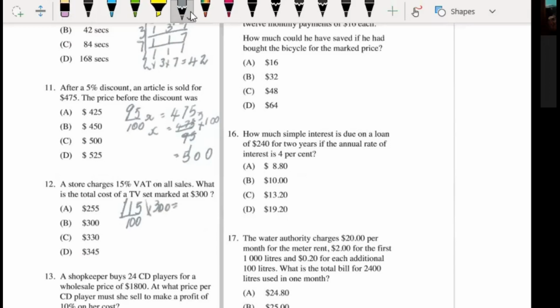This goes into this 3 times. So the answer is 345, as I suggested.